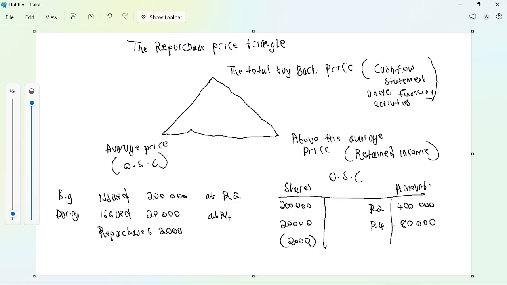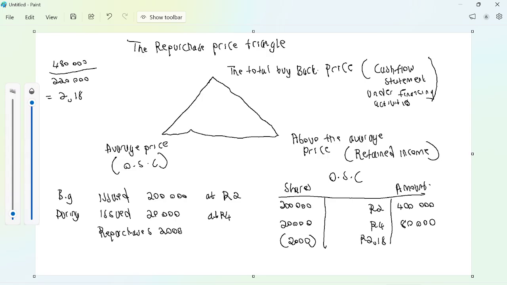So 400,000 plus 80,000 is 480,000, divided by 220,000. Therefore 2,18 is my average price.